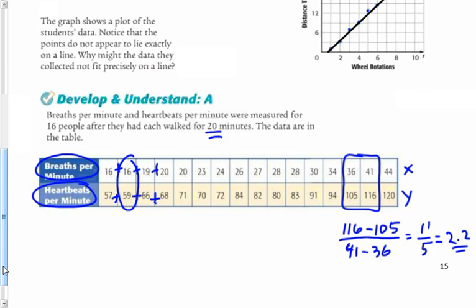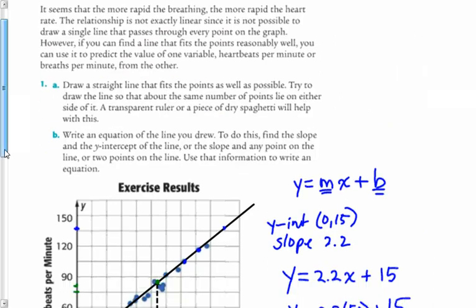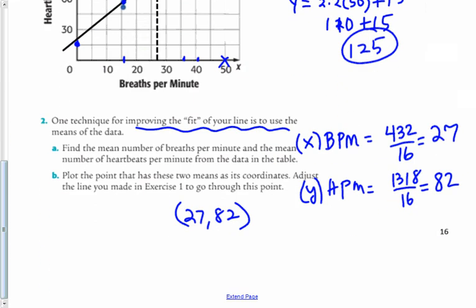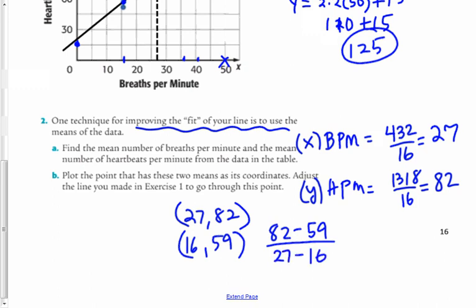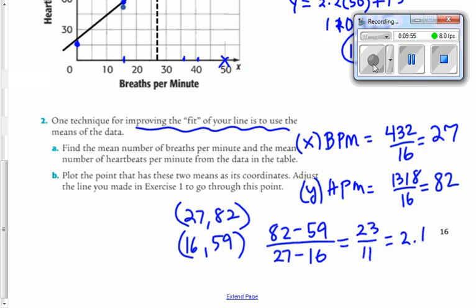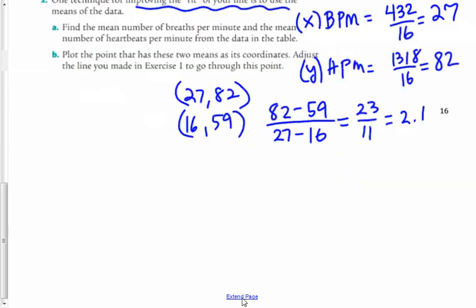So 16, 59, I'm going to use that. I'm going to subtract 82 minus 59 and 27 minus 16 to get the slope. So this time my slope is 2.1.